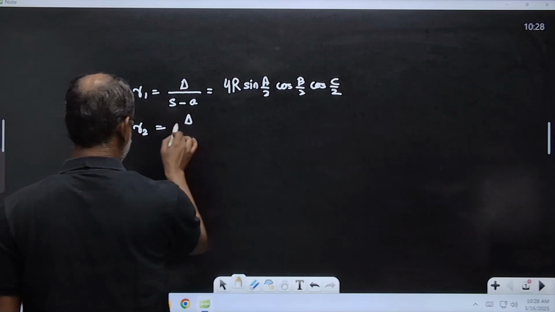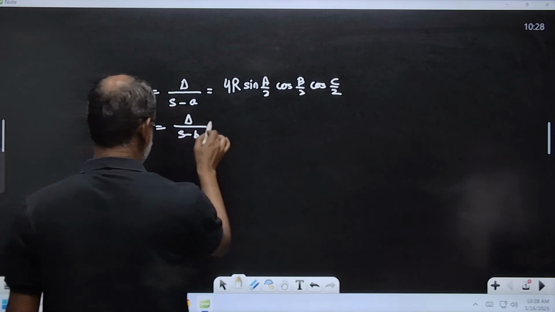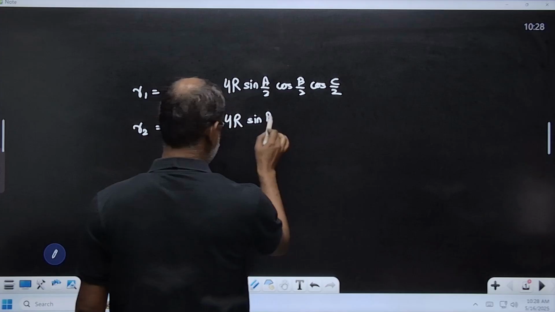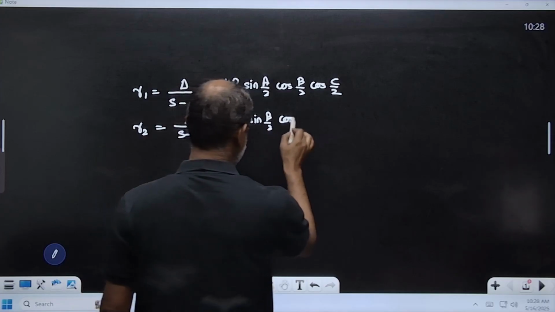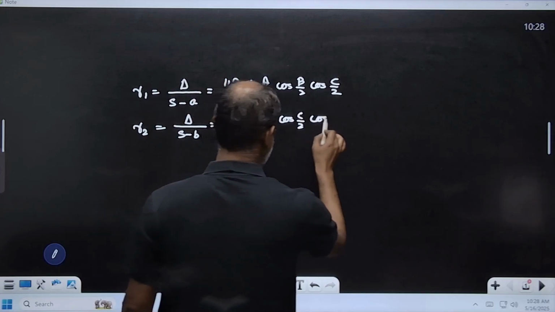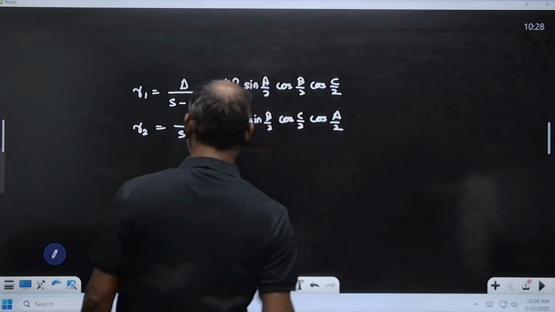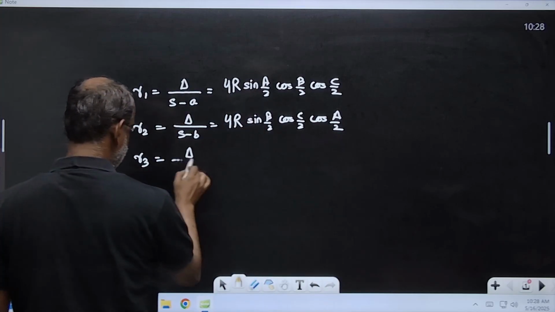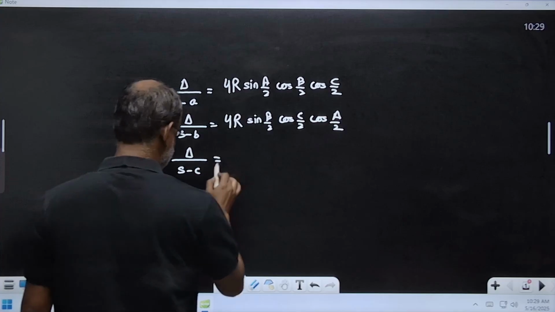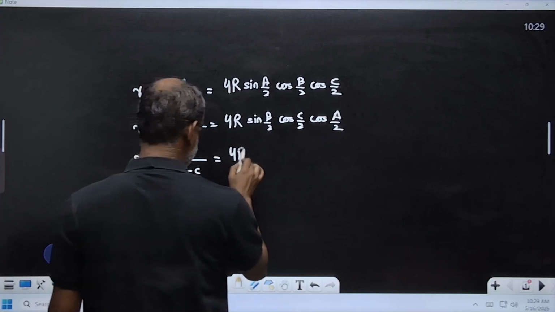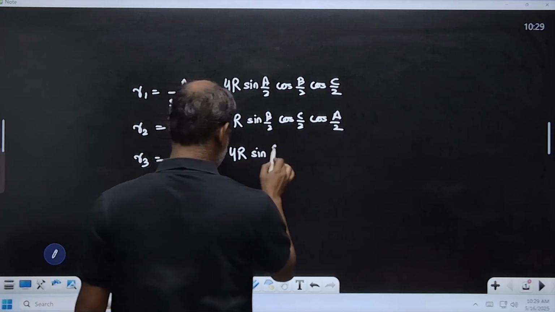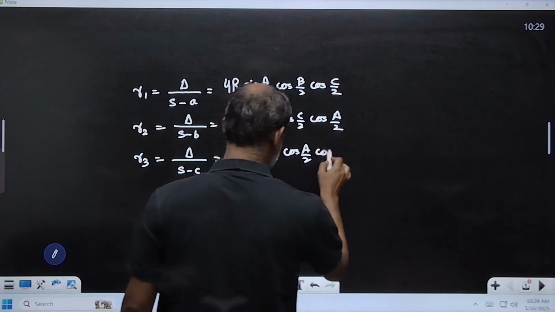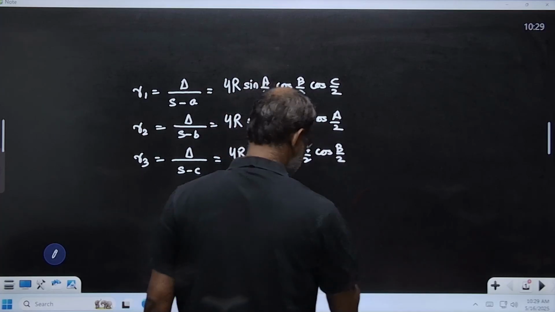similarly, you have r2 as delta by s minus b, that would be 4R sin B by 2 cos C by 2 cos A by 2, and similarly r3 is 4R sin C by 2 cos A by 2 cos B by 2.